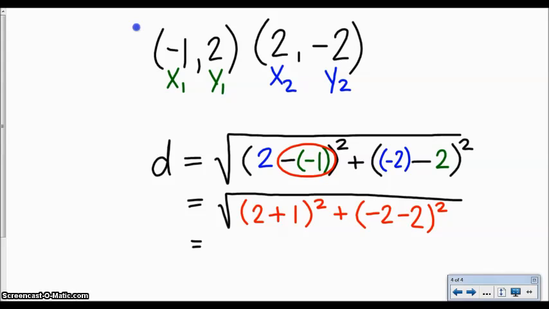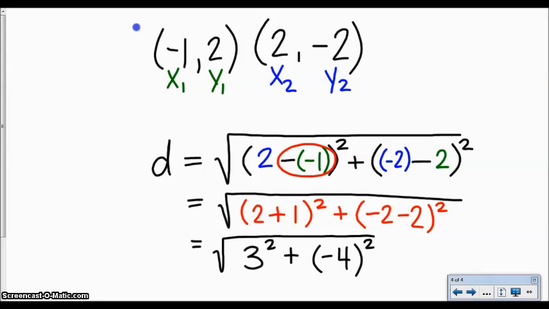Now we can solve inside those parentheses. Remember, order of operations. So we have to do the parentheses first. 2 plus 1 is what? 3. We keep our square. Then negative 2 minus 2 is negative 4 squared.